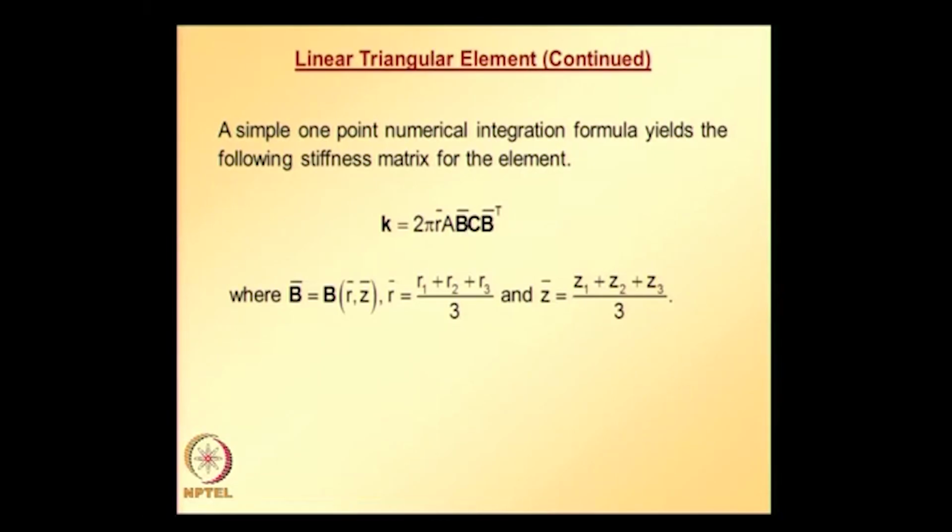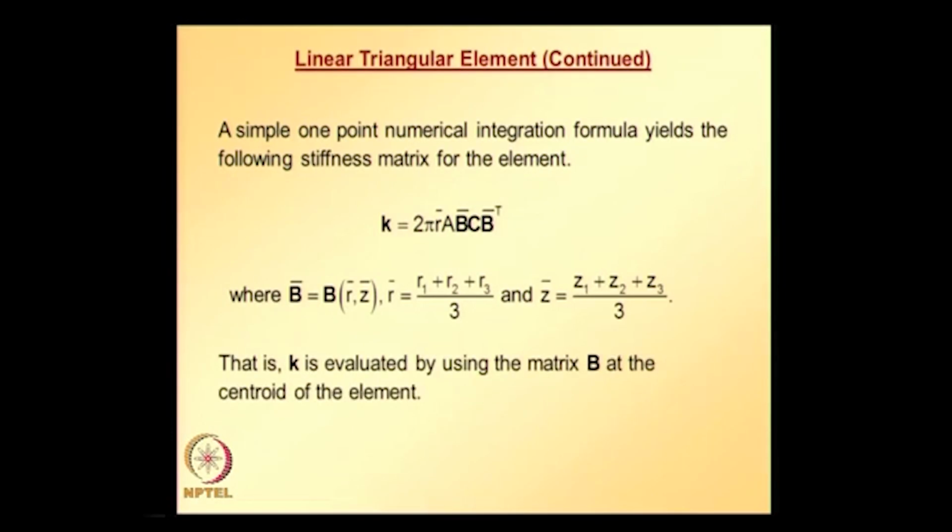So, instead of evaluating k at every point, one can evaluate k at the centroid if we use this one point integration formula. That is, k is evaluated by using matrix B at the element centroid.